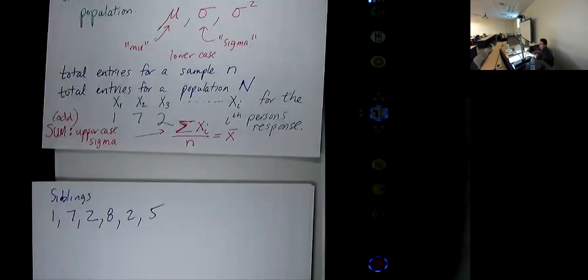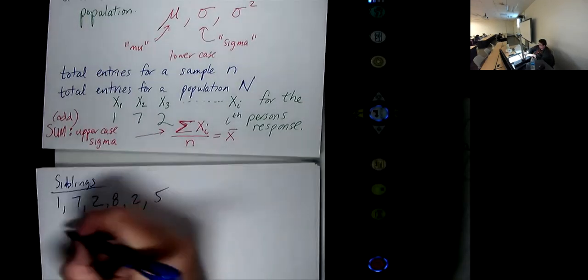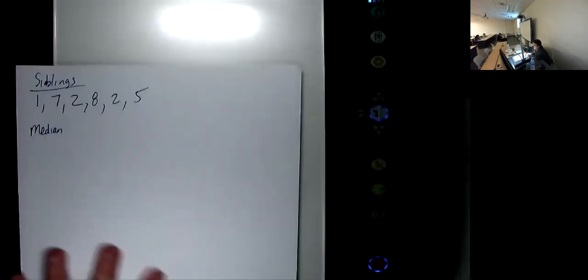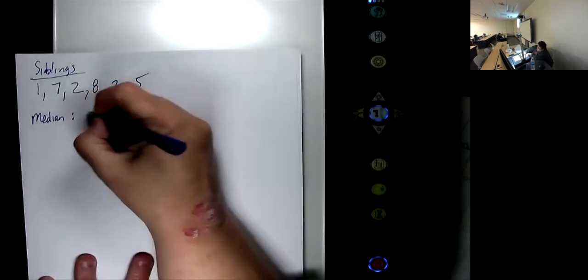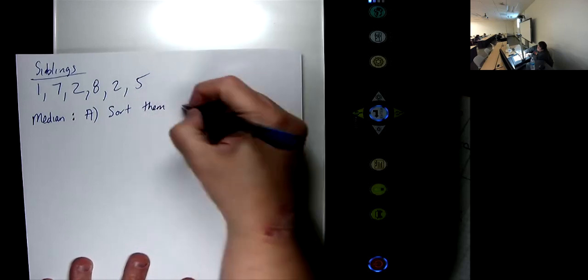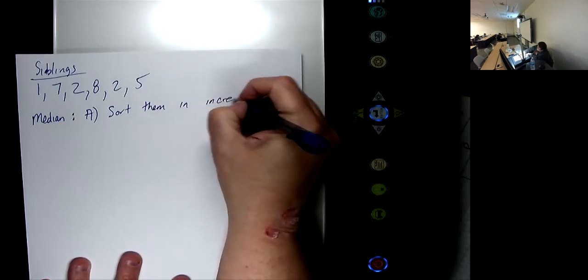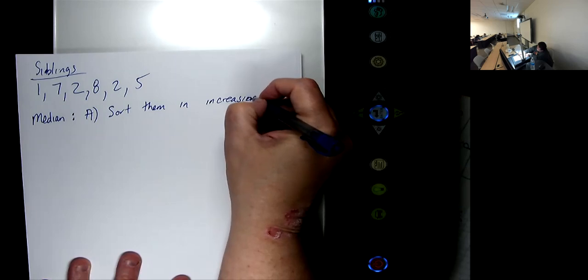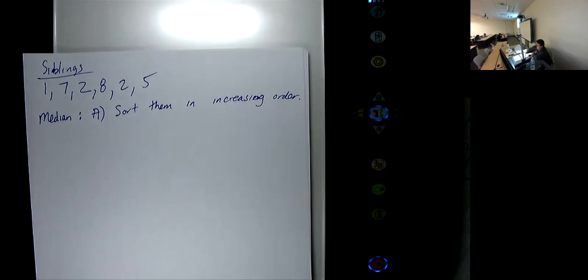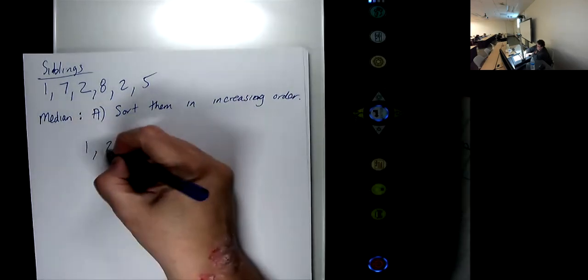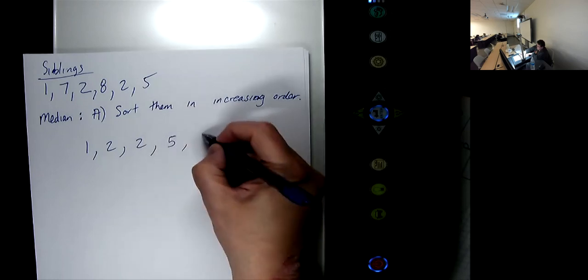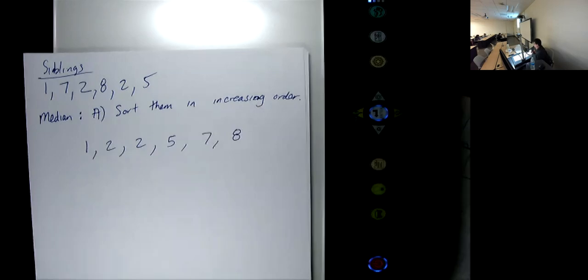All right, so median. Step 1, step A, sort them in increasing order. So I see a 1, I see a 2, there's another 2, I have a 5, I have a 7, and I have an 8.